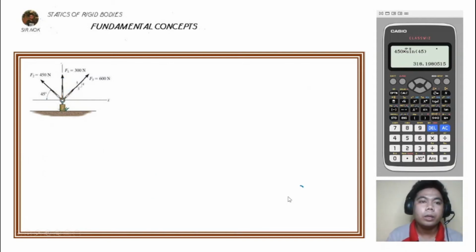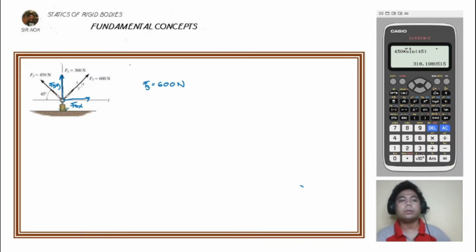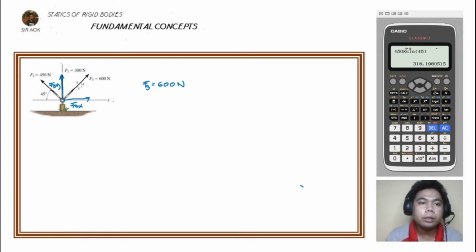Next, we're going to solve for the x and y components of F3. So F3 is 600 newtons at quadrant 1. So at quadrant 1, we have the x component, which we call F3x, and the y component, F3y. So instead of angle theta, the direction is defined by the small slope triangle, with sides 3, 4, and 5.